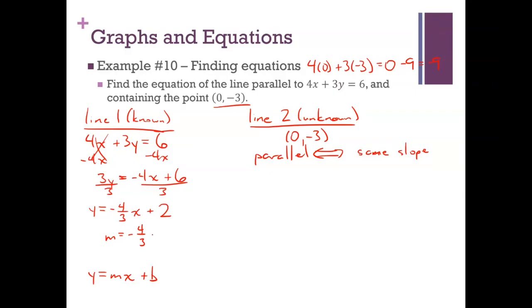So since this slope is -4/3, let's actually get both of these. The slope is -4/3. What does the 2 tell us? That's the b, right? So the y-intercept is at (0, 2). Does that slope tell us anything about line 2?